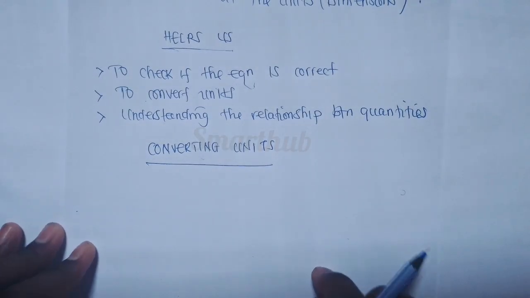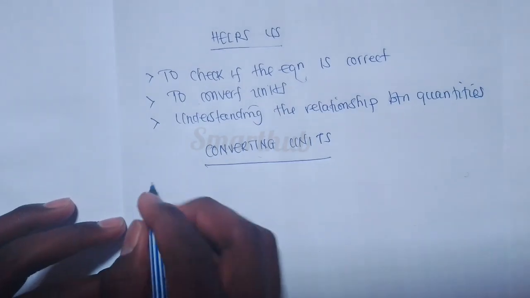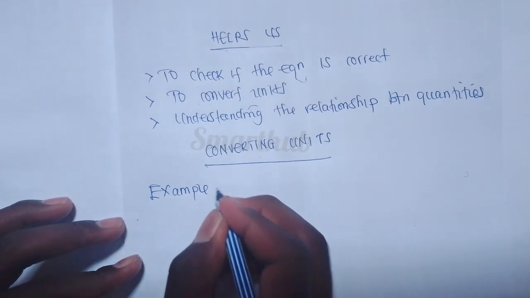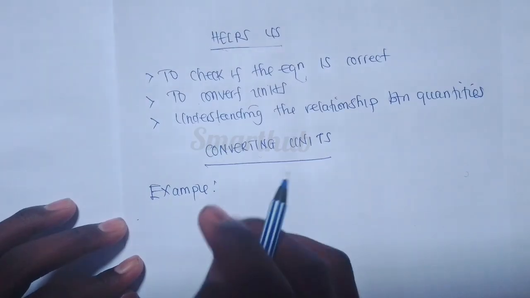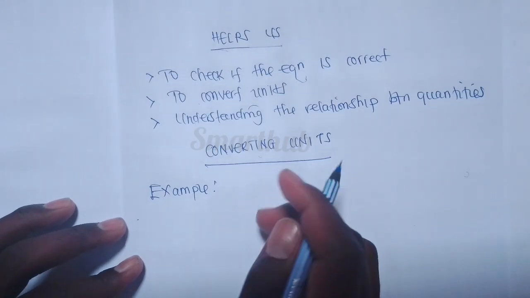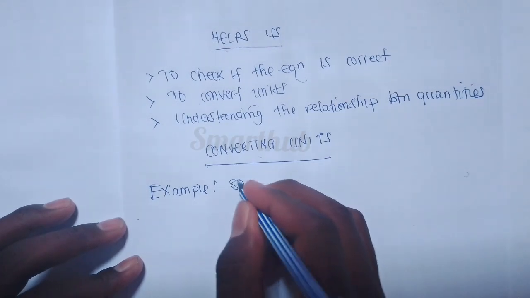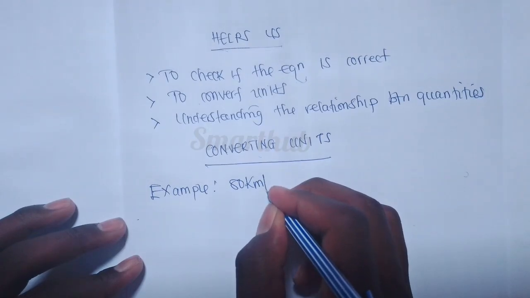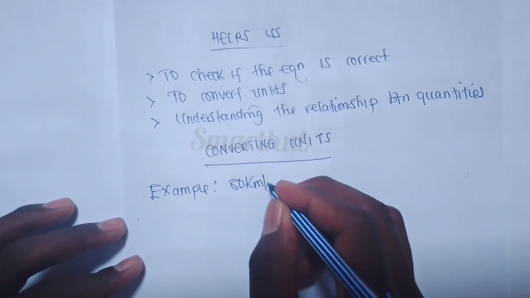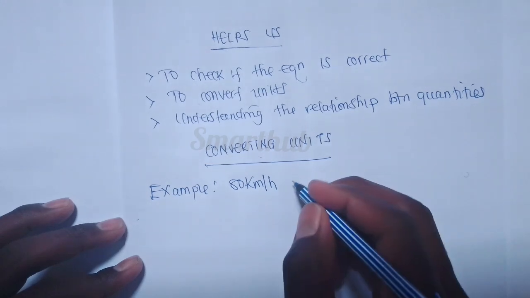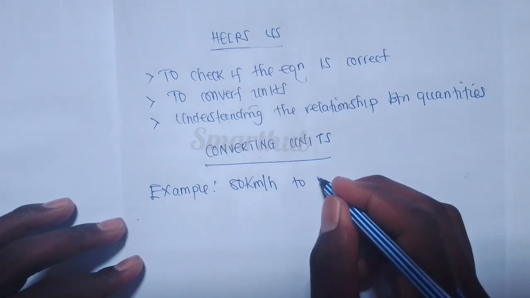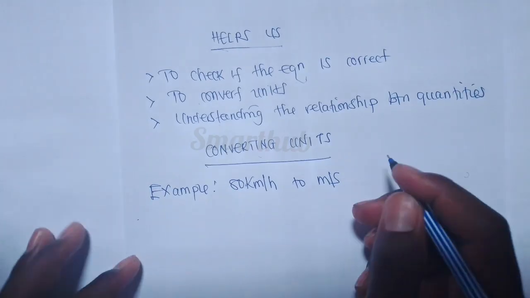Let's say for example, you are told to convert 80 kilometers per hour to meters per second.